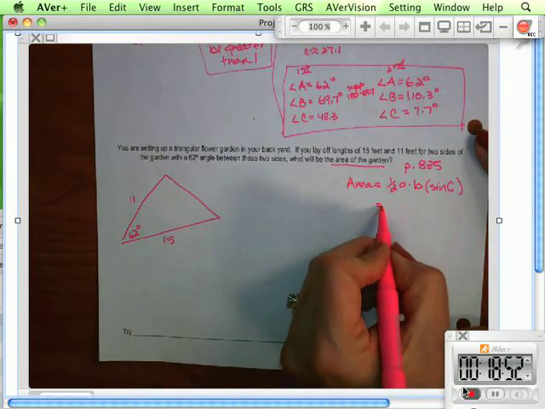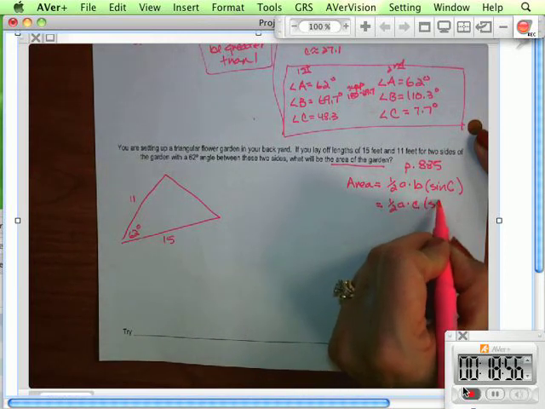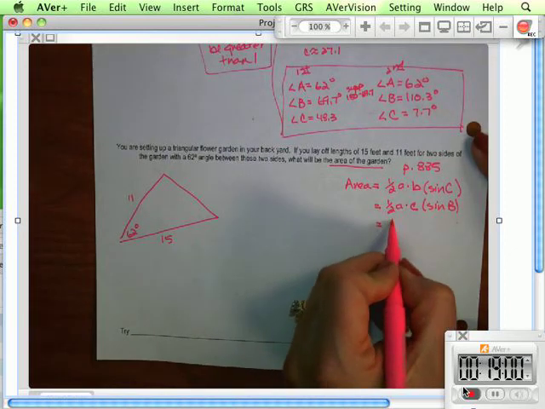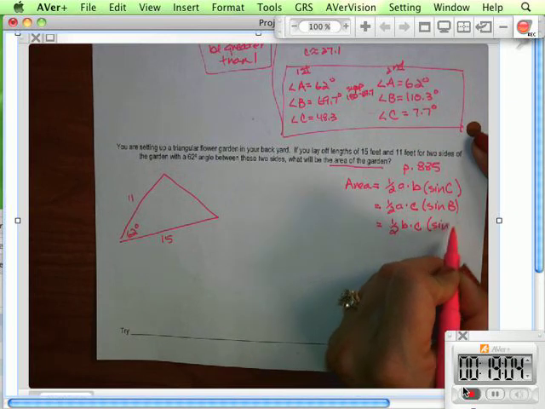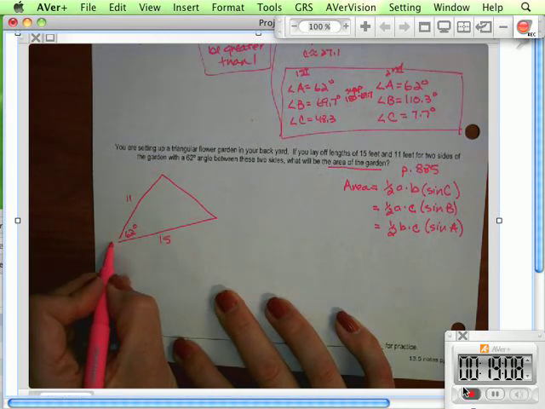Or it could be 1/2 A times C times sine B, so it's based on what you're given. Or 1/2 B times C times sine A. So let's just label this like this.